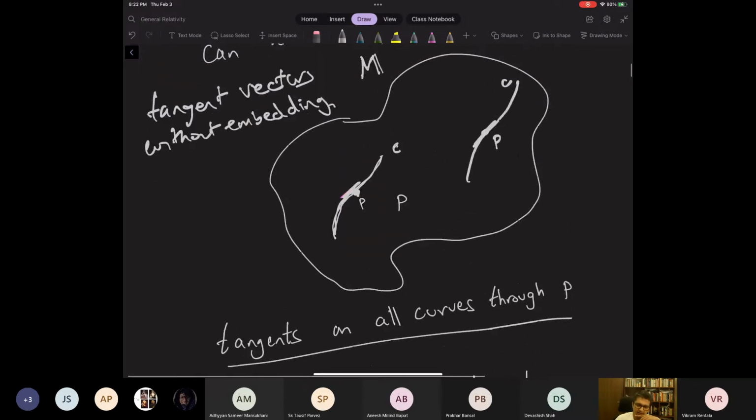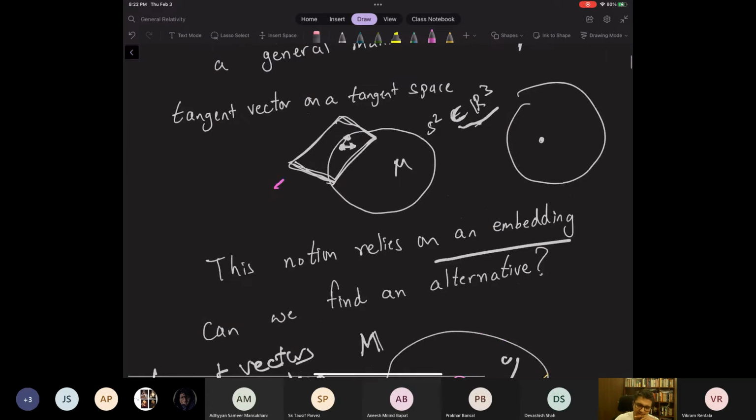And then what we'll do is we will take all possible curves, this curve, and so on. Each of those curves will give us some notion of a tangent vector. All of these together will give us a tangent vector space, and this tangent vector space is in some way similar to the tangent plane that we were thinking of.